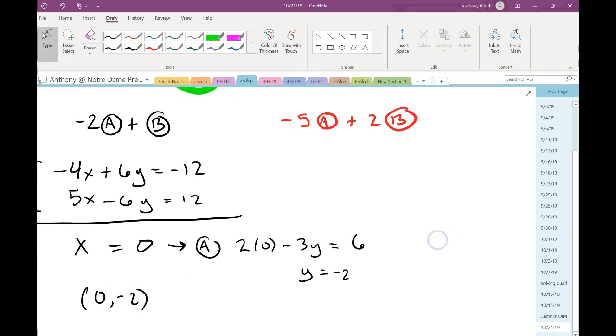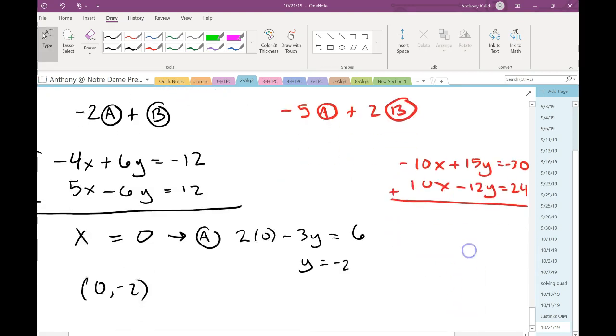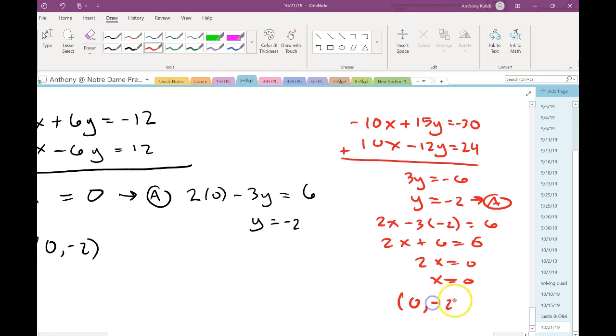Or, if I had tried to do this the other way, and when I plug that into A, you'll see that I get the same solution.